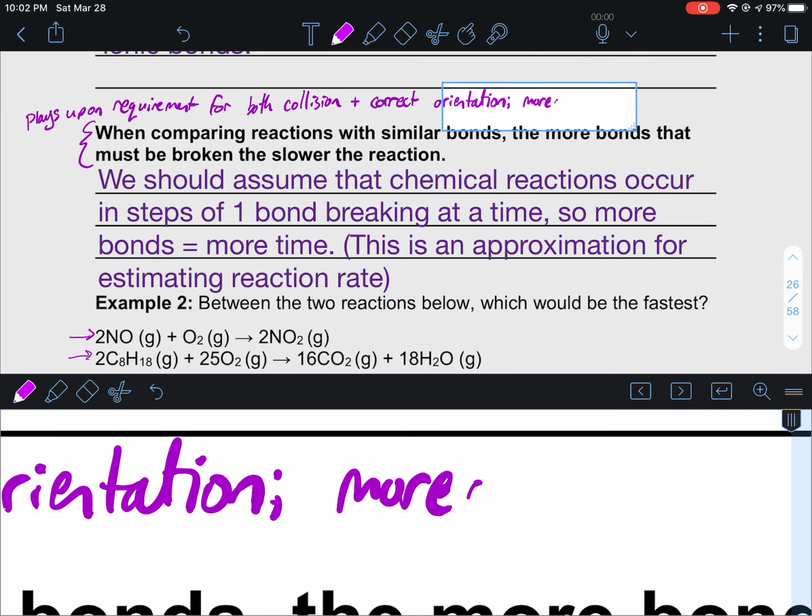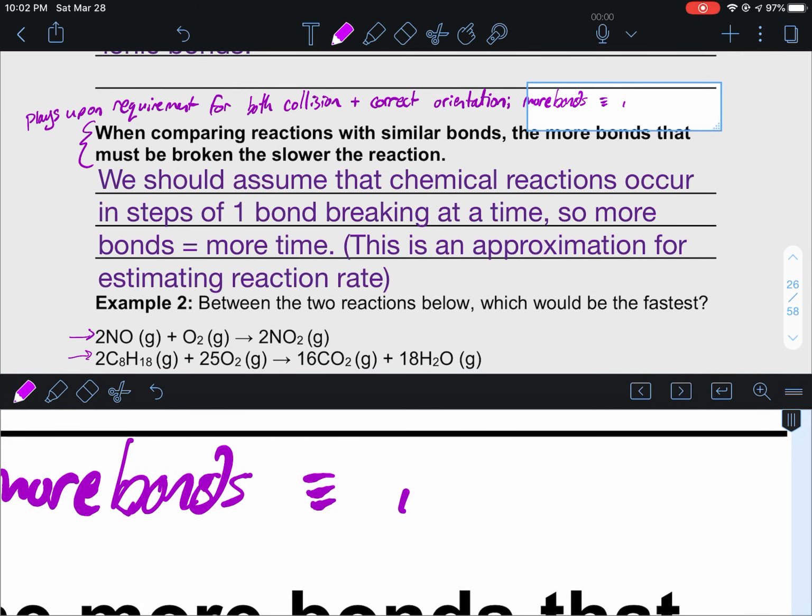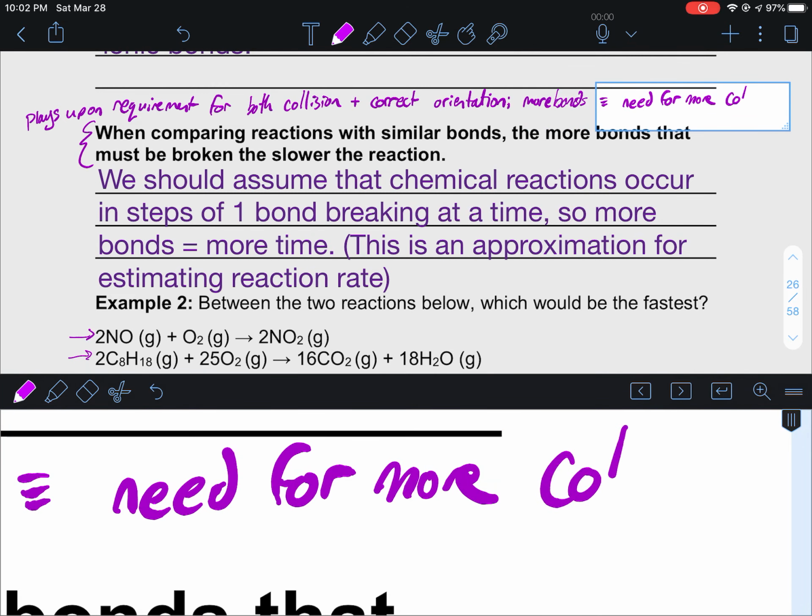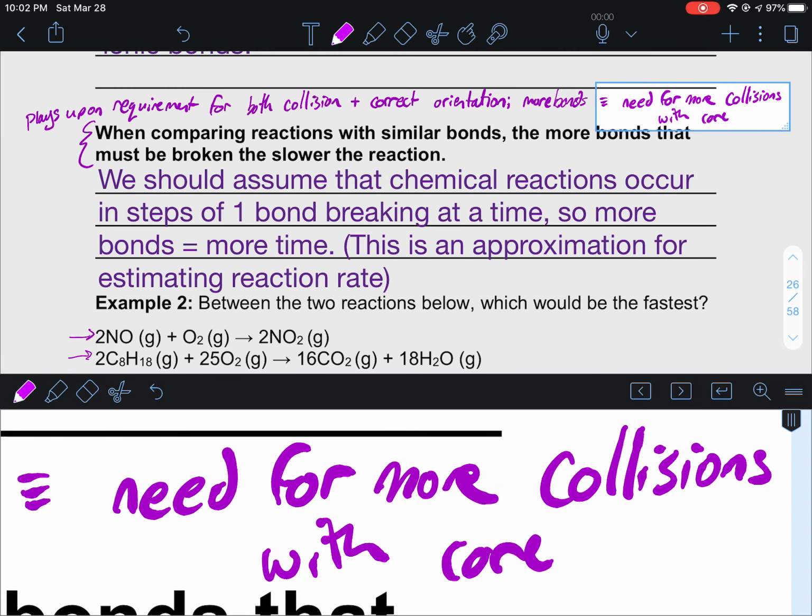More bonds equals need for more collisions with correct orientation.